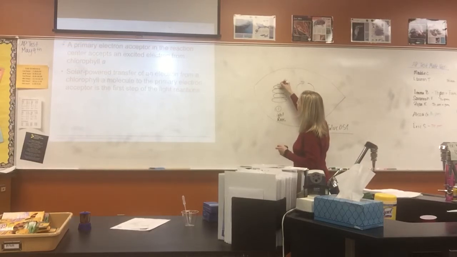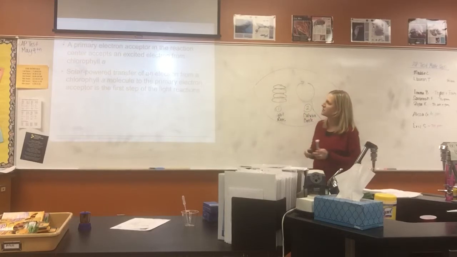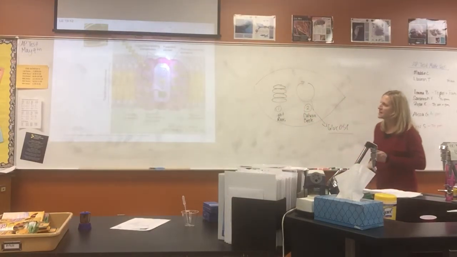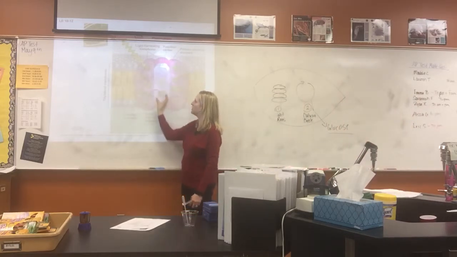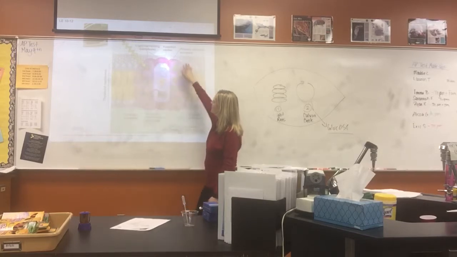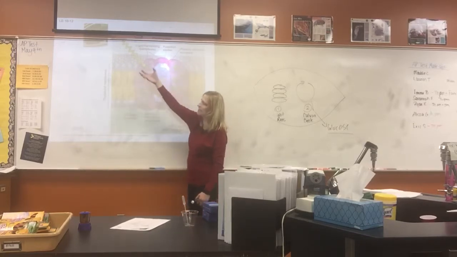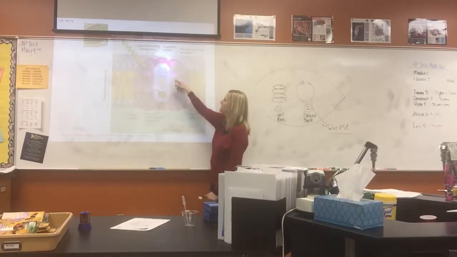These photosystems are embedded in the membrane of the thylakoid, which is what we see here. This whole thing is called a photosystem. It has the center part called the reaction center, and around it are the light harvesting complexes. The light harvesting complexes absorb light, so the main things in them are pigment molecules.